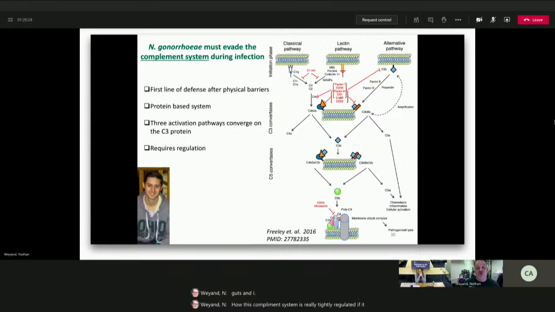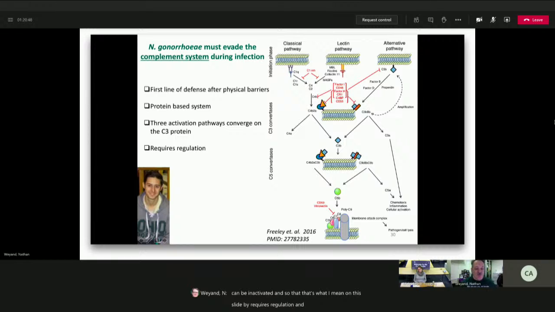If it's overactivated, it can attack the cells of the human body and cause the membrane attack complex to kill our own cells. And so human cells throughout the body express regulators of complement. If C3b binds to a human cell, it can be inactivated. That's what I mean on this slide by "requires regulation."